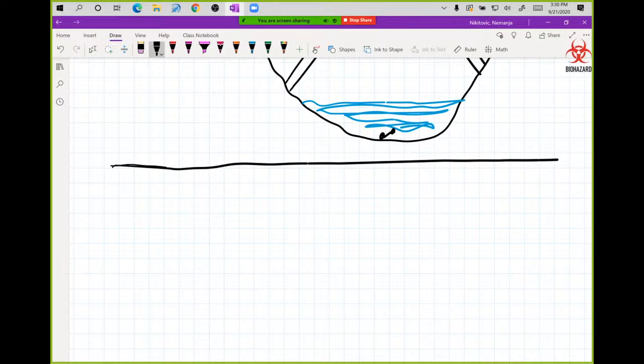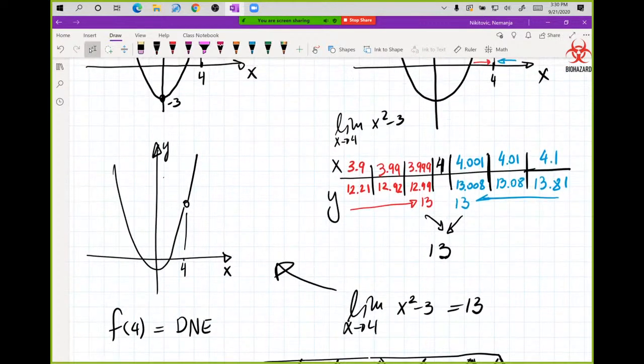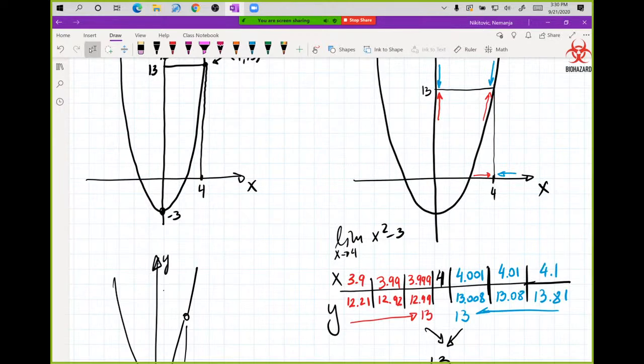All right. So what we have now is a situation where we have another way to compute the value of the function.